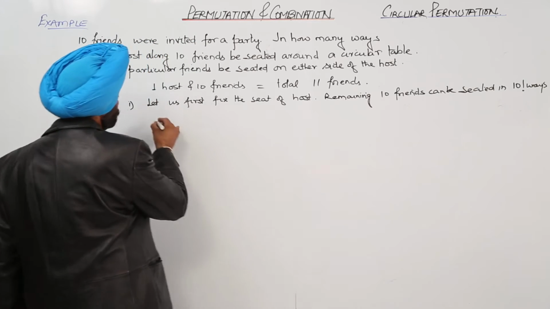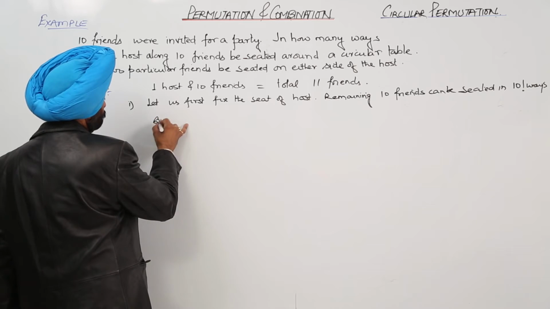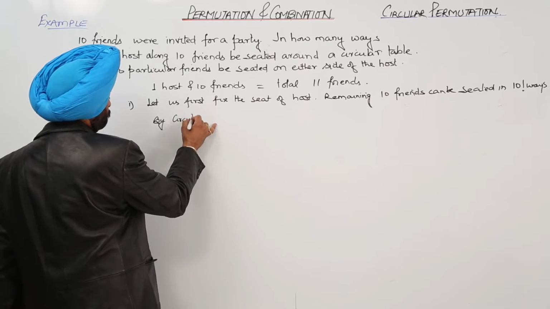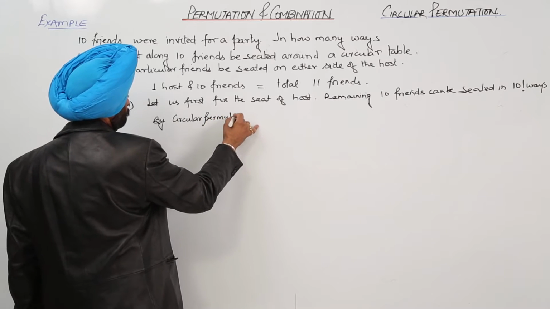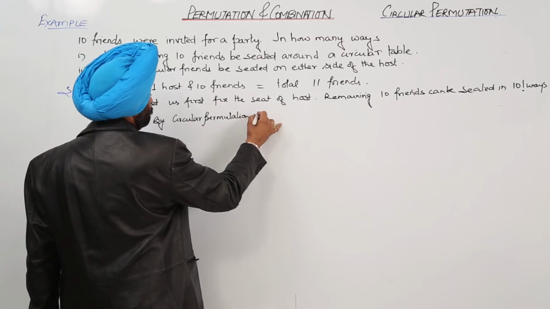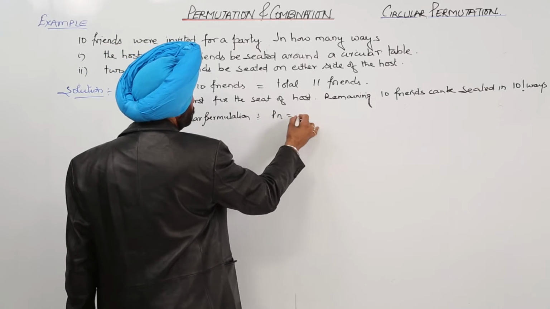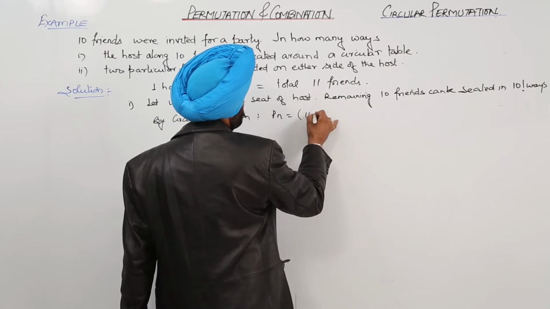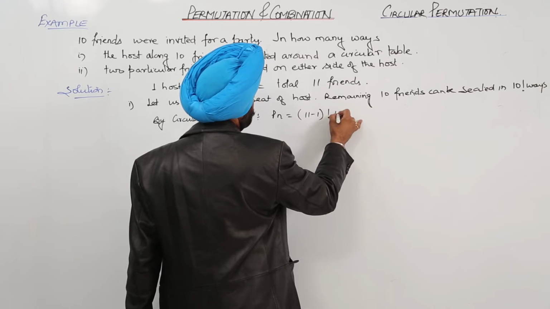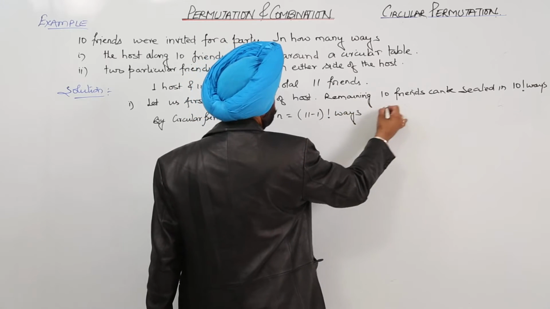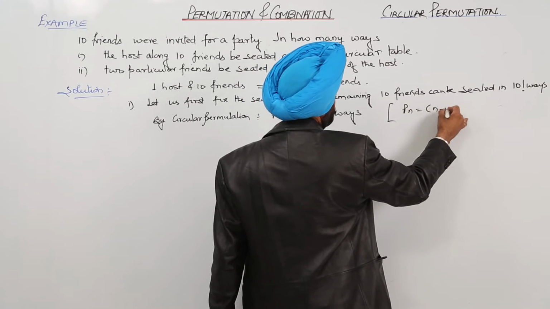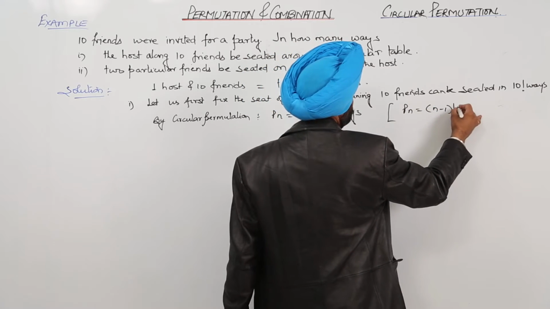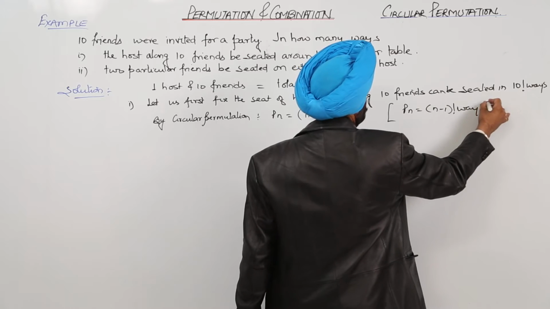Now by the circular permutation, Pn is equal to (11 minus 1) factorial ways, that is (n minus 1) factorial.